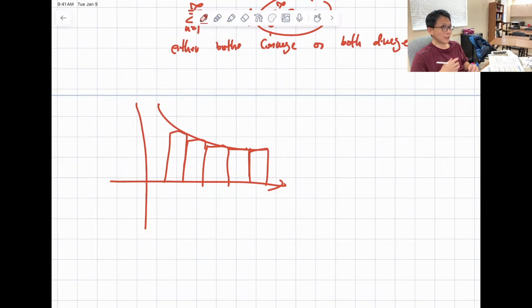If this area ends up converging, the sum has to converge because the sum is less than that. Because the integral includes all the fractional parts, all the things. But here we just calculate with width exactly 1 because we only count the integers. Does that make sense? So it has to be less than that.